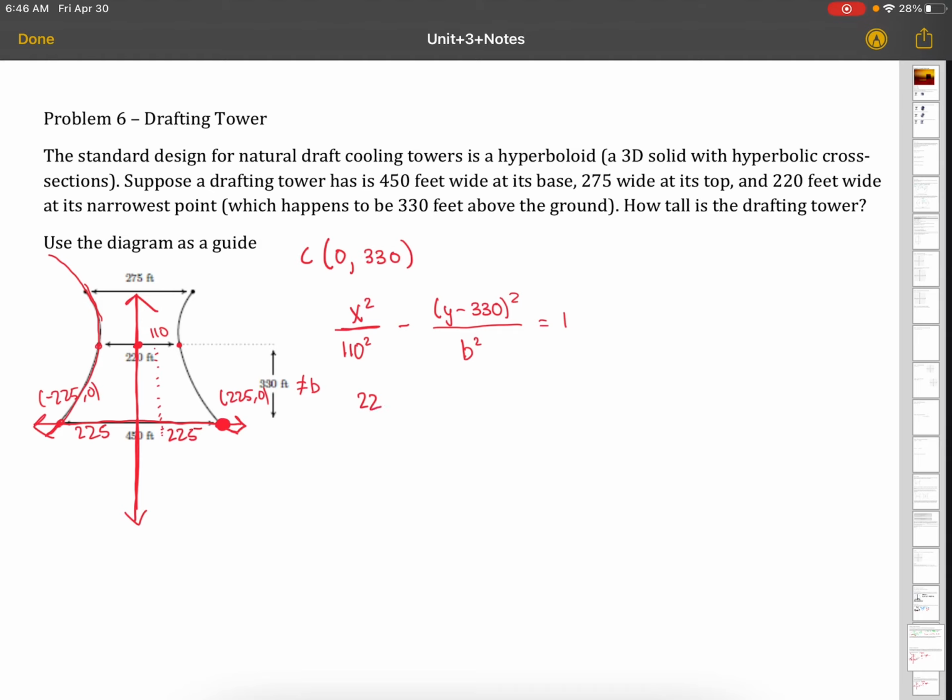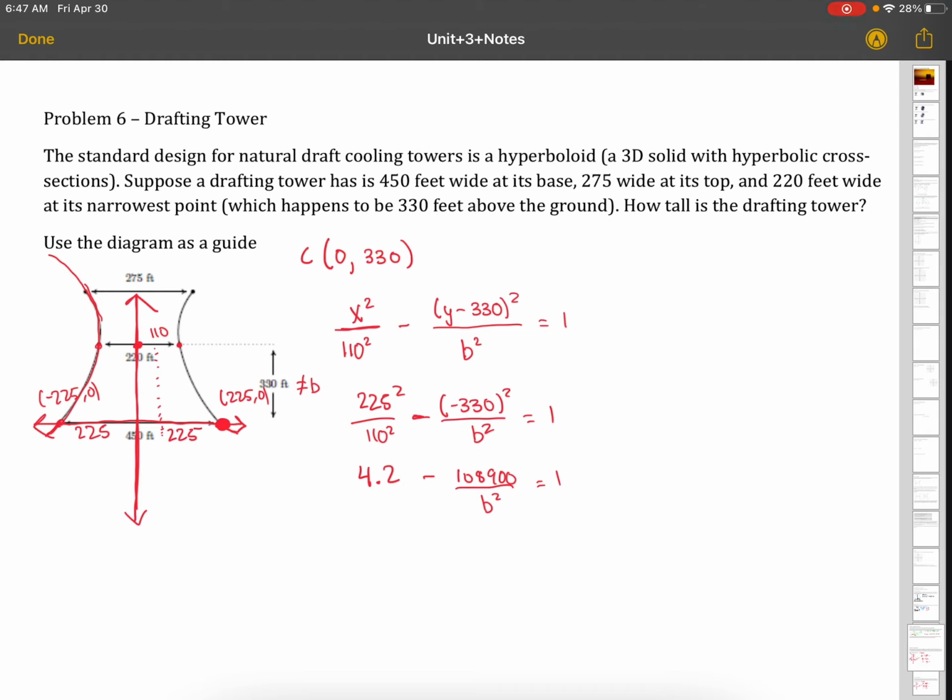So we're going to have 225 squared divided by 110 squared minus, y is 0, so minus negative 330 squared divided by b squared. Let's put these values in the calculator. 225 squared divided by 110 squared, I get 4.2. So 4.2 minus 330 squared, which is 108,900, divided by b squared equals 1.